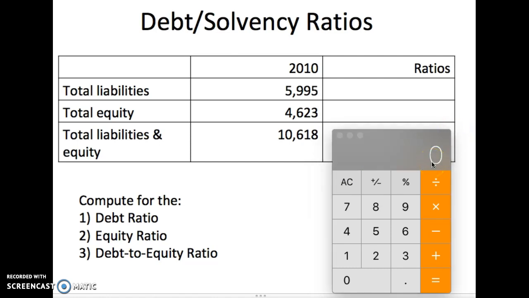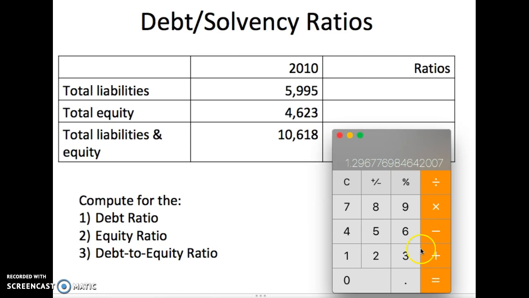We proceed with debt to equity ratio. Now, how do we do this? We simply compare the total liabilities or total debt with total equity. So 5,995 divided by 4,623. Okay. We don't convert into a percentage.